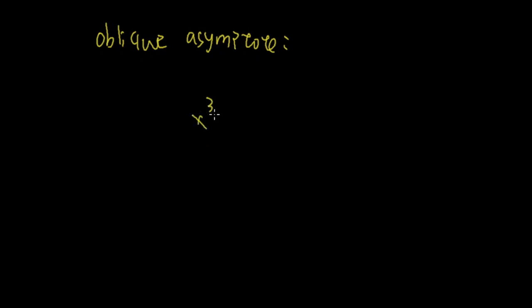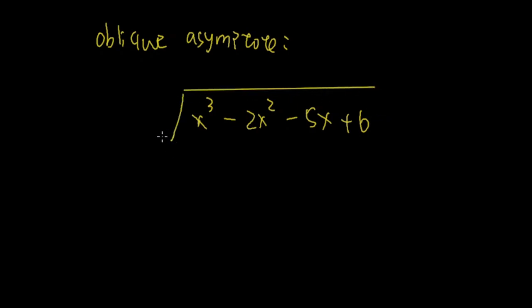So x cubed minus 2x squared minus 5x plus 6 divided by x squared plus x minus 6. Okay, now you have to put x here. x squared times x is x cubed. x times x is x squared.